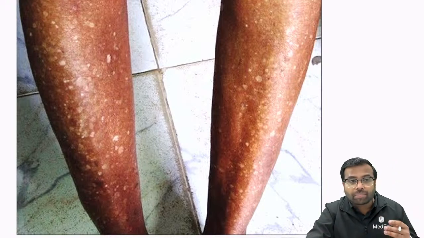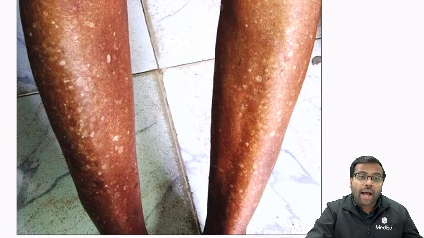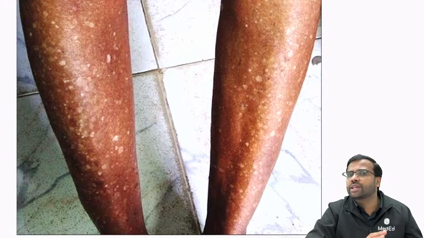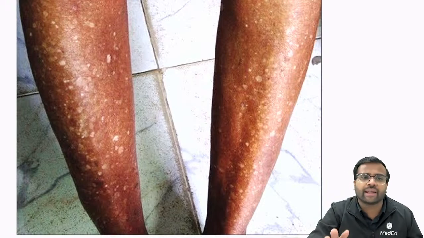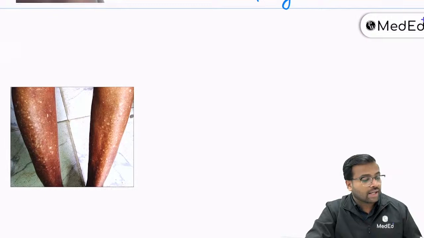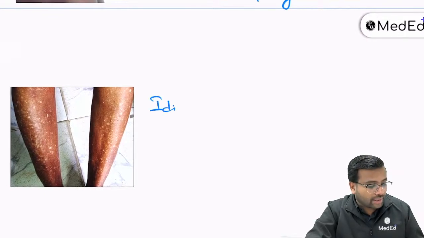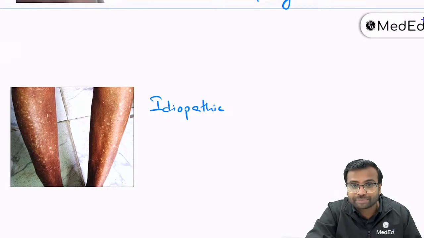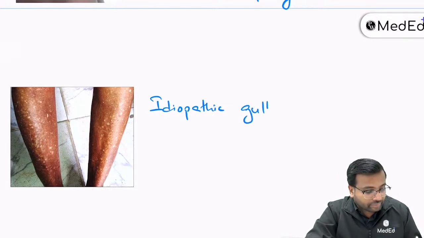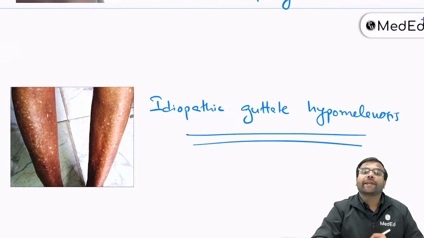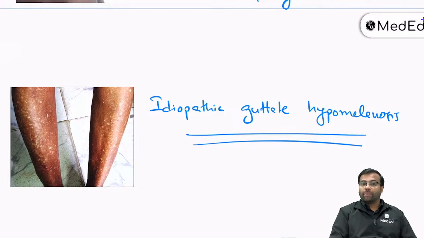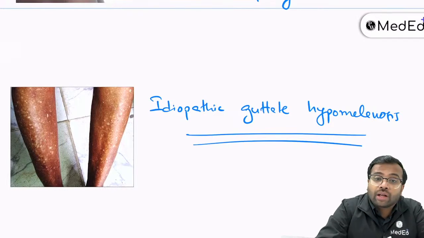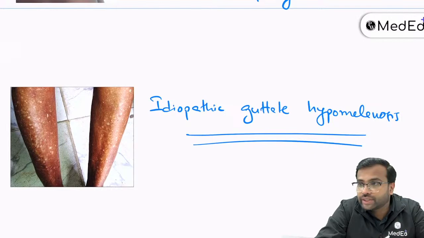So when you see multiple hypopigmented macules over the trunk, and if there is no sensory deficit, if there is no scaling present, in all those cases, this can be idiopathic. What is it? Idiopathic? Anyone? Guttate hypomelanosis. Idiopathic guttate hypomelanosis. So that is going to be the differential diagnosis of this image as well.